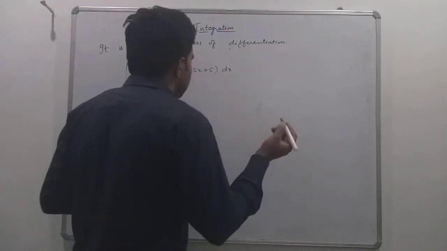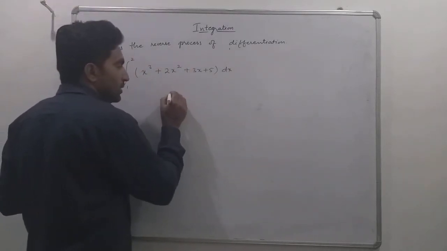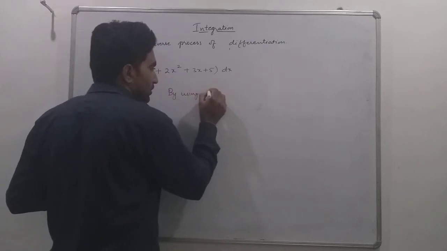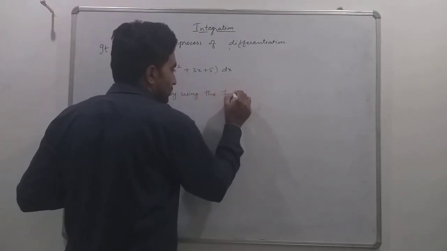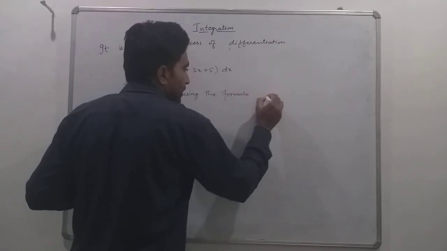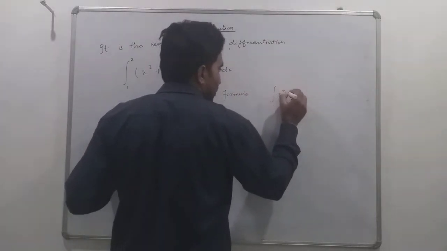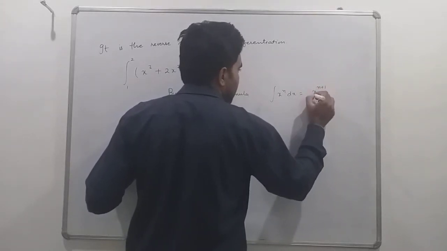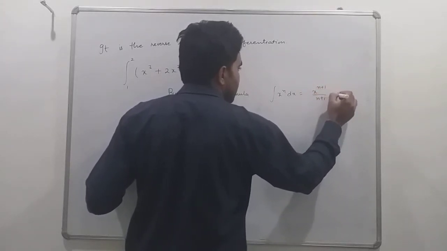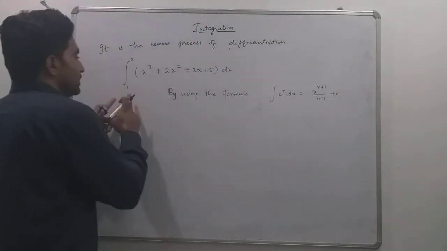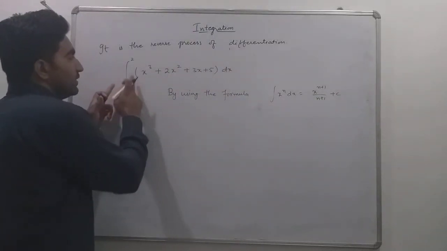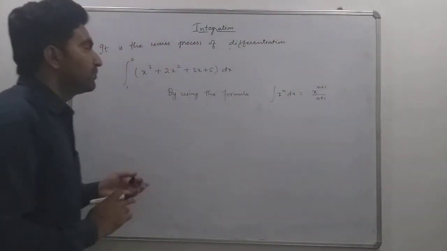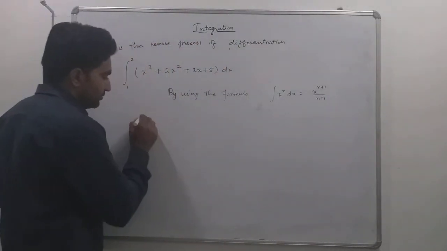We will use here the simplest formula: integration of x raised to power n dx is equal to x raised to power n plus 1 divided by n plus 1 plus c. But here we are doing the definite integration, so there is no need of a constant of integration. Okay, let's solve the integration.